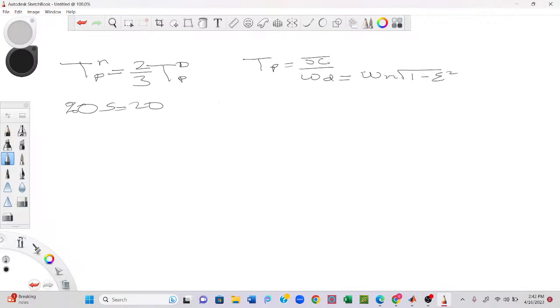From the question, you can find your damping ratio zeta using the overshoot formula: zeta equals negative ln of percentage overshoot, divided by the square root of pi squared plus ln squared of percentage overshoot. So let's find our damping ratio, zeta.